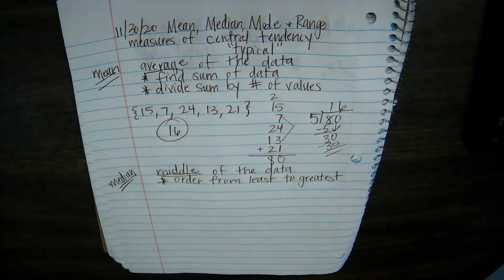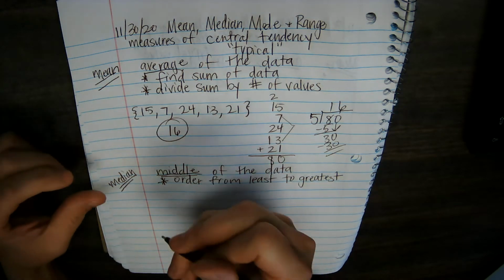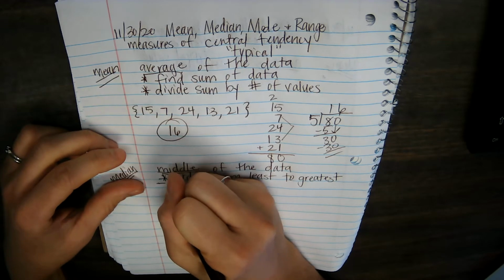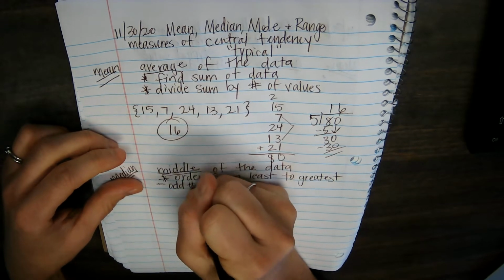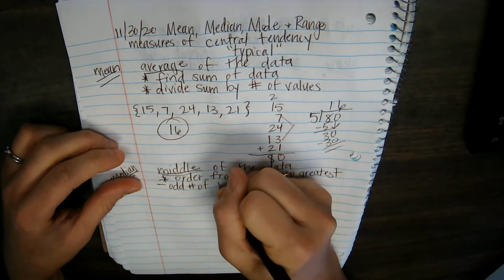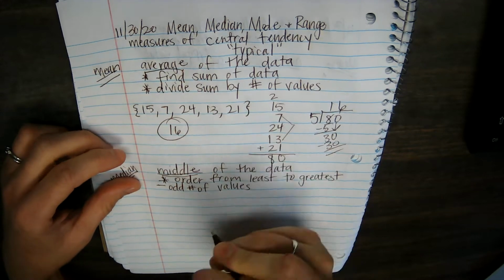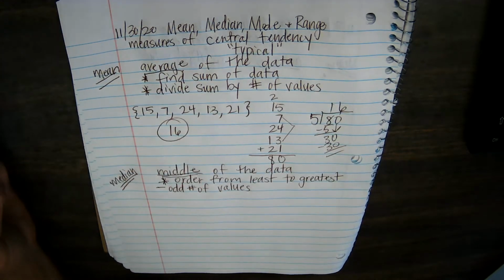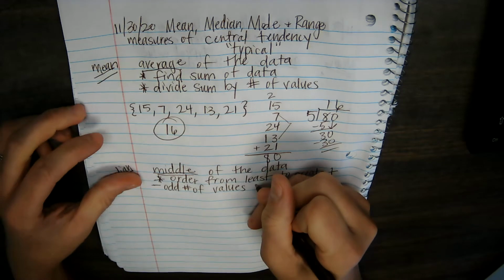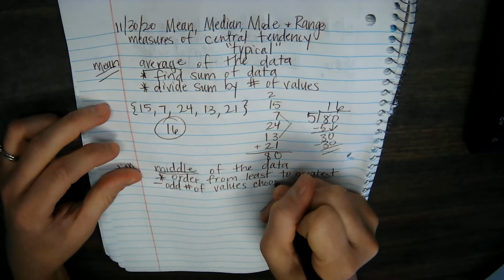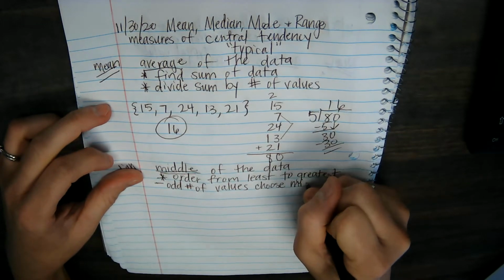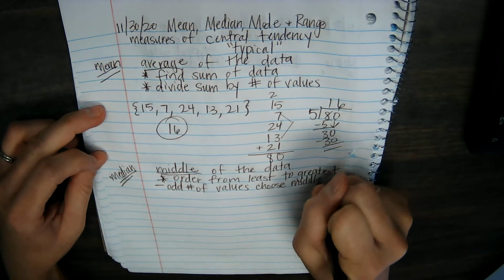Now, we have to find the middle number, but if there is an odd number of values, so here we had 5 values, so that would be an odd number of values, you choose the middle as the median.